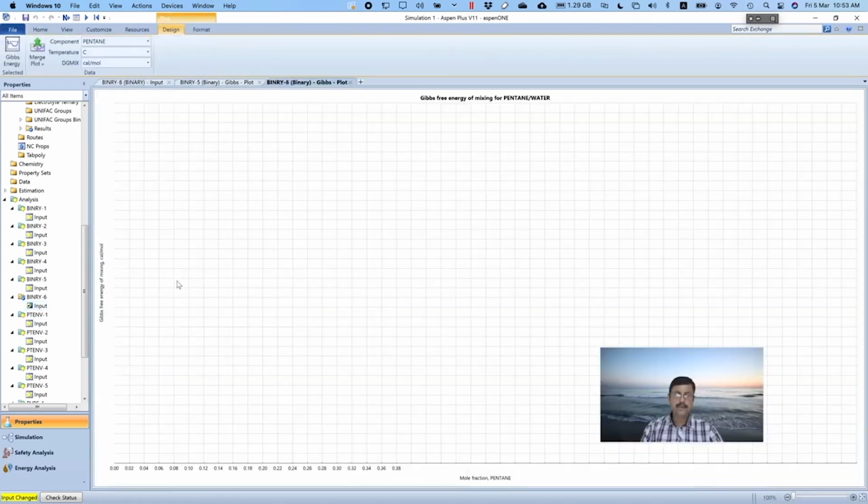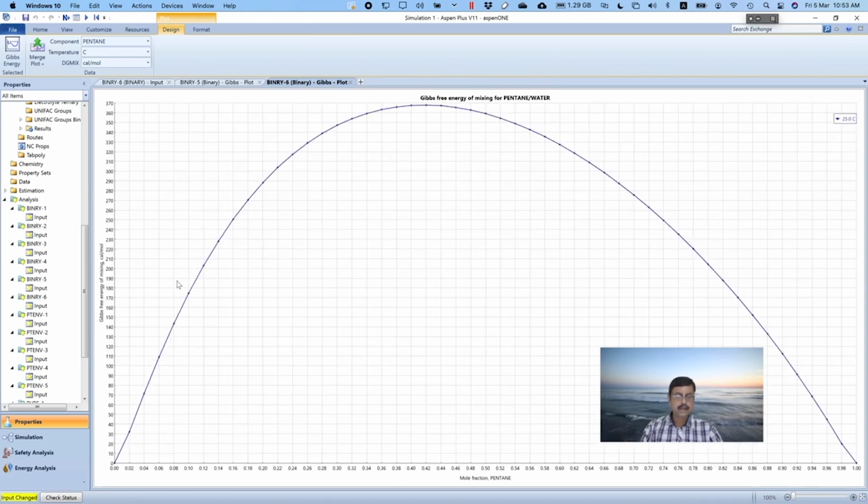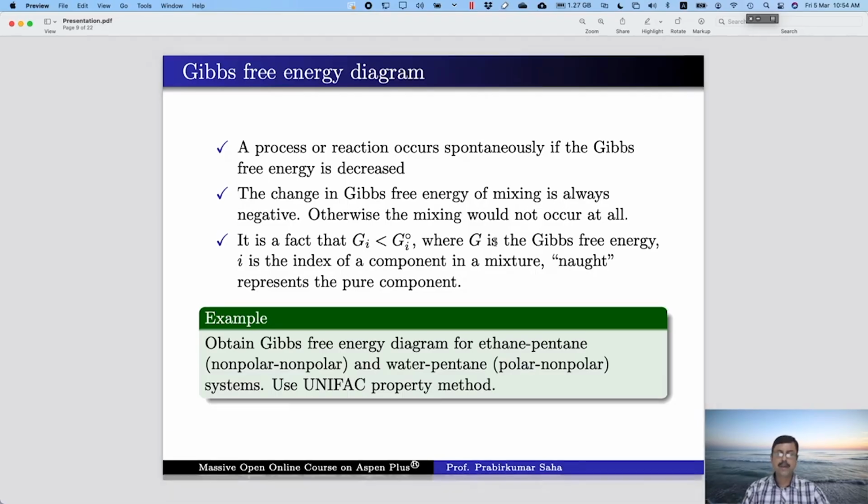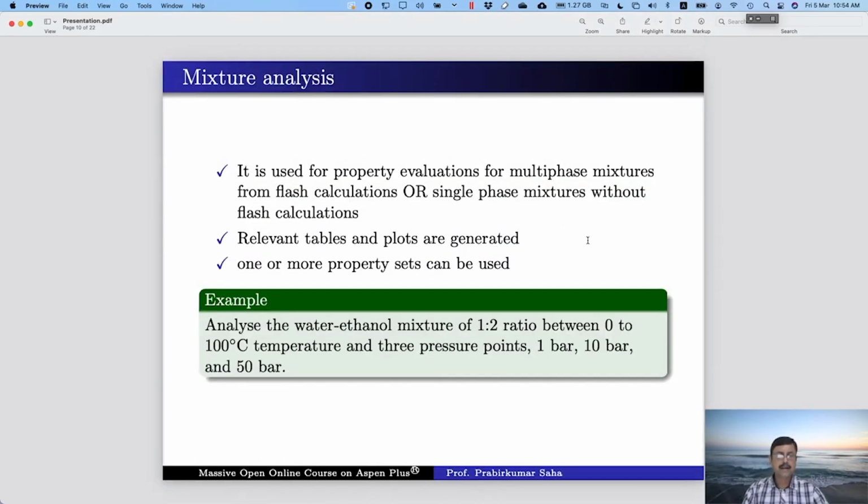Yes, so here you can see the Gibbs free energy is increasing for the water-pentane system. That means this mixing is not spontaneous at all. This system is not spontaneous.